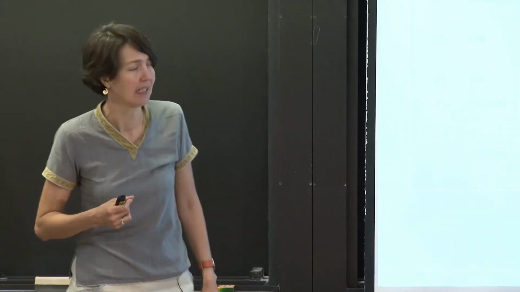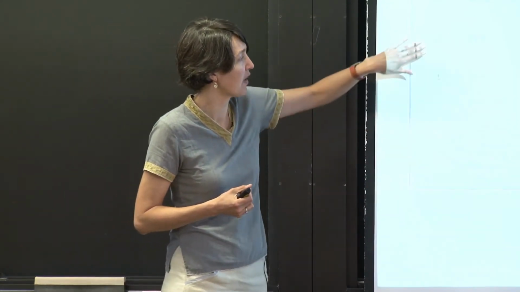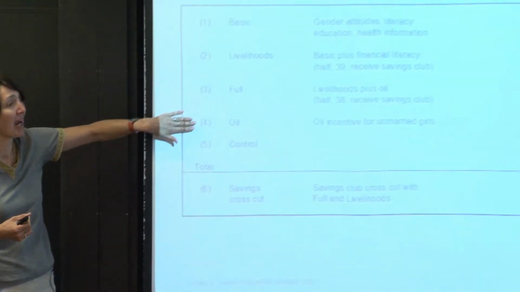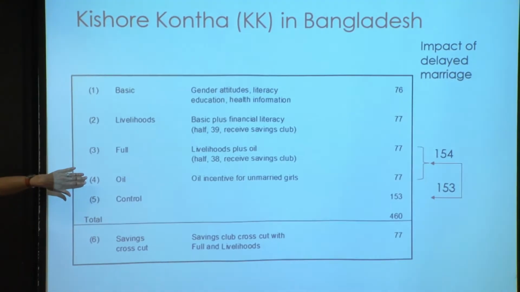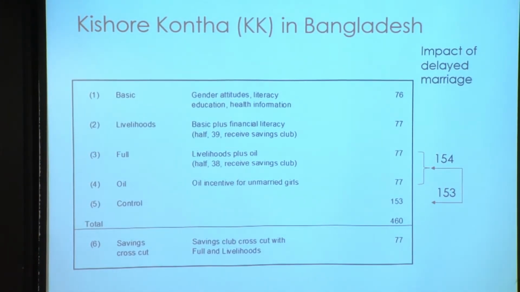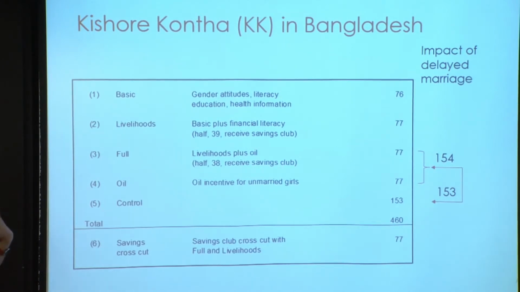And similarly, we find that these 2 groups delay marriage. The financial incentive is effective in delaying marriage, but when we're designing it, we're hypothesizing if that happens. Well, if we want to look at the effect of delayed marriage on things, again, we have a nice fat sample to look at because we're comparing 154 to 153.